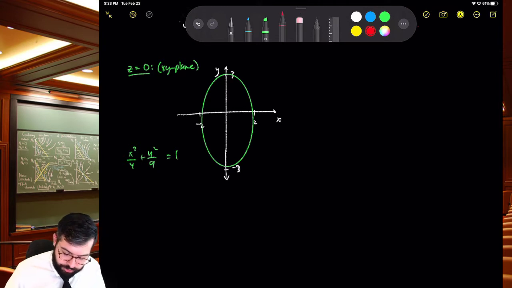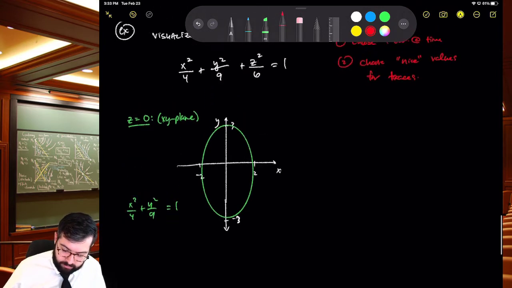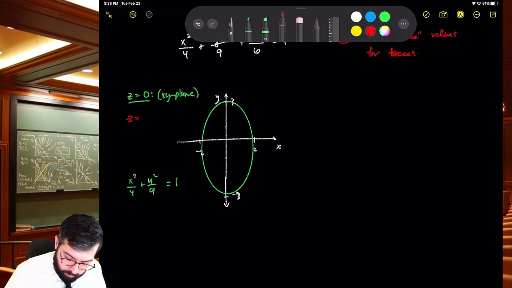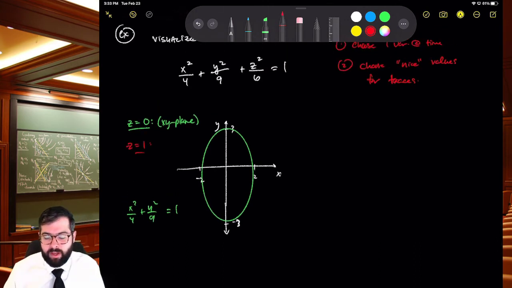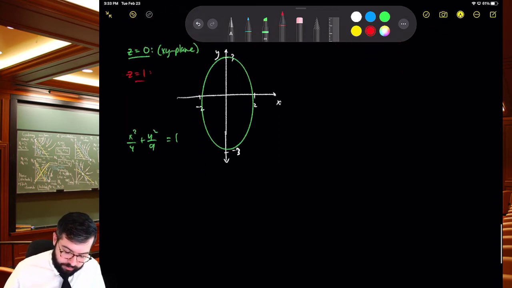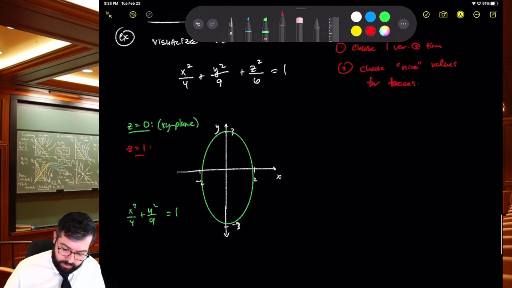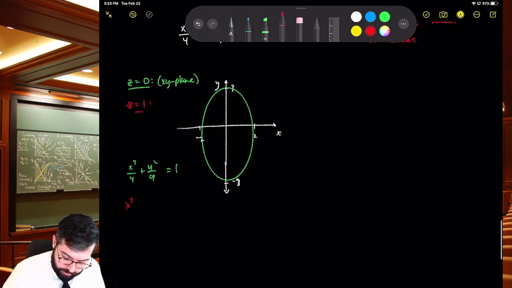Let's instead choose z equals 1 and just see how that goes. It's not great because you've got a fraction, but it's not the end of the world. So if z equals 1, then this becomes x squared over 4 plus y squared over 9 plus 1 over 6 equals 1.